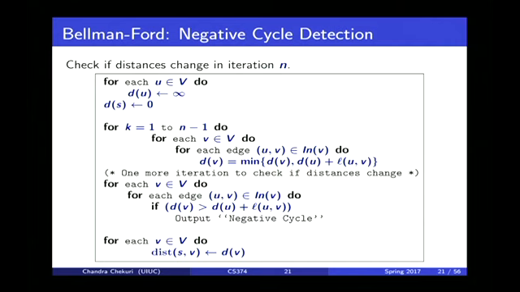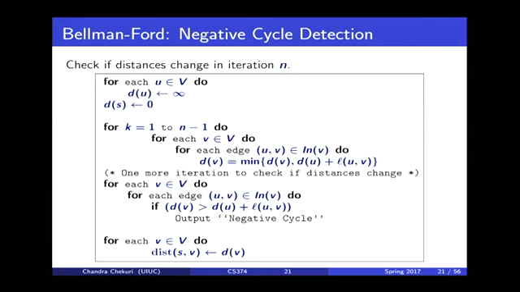So what is the algorithm? I compute dv0, dv1, dv2, dv3, up to dvn minus 1, dvn. If there is no negative length cycle, we know that dvn minus 1 should not be more than dvn, right?